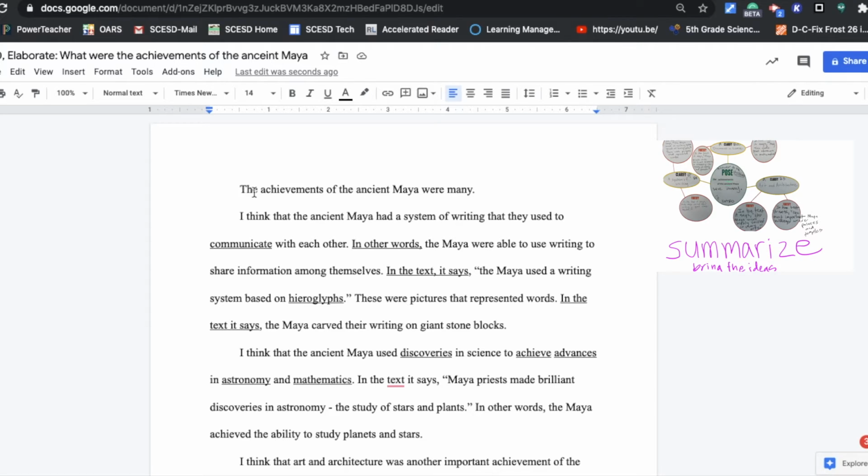So the achievements of the ancient Maya were many. Let's go ahead and let's get that in. Yeah, that looks good. So I think the ancient Maya had a system of writing that they used to communicate with each other. And we can take out these underlined words because we're just using them to show you that there are transition phrases and academic, content-specific vocabulary in this.